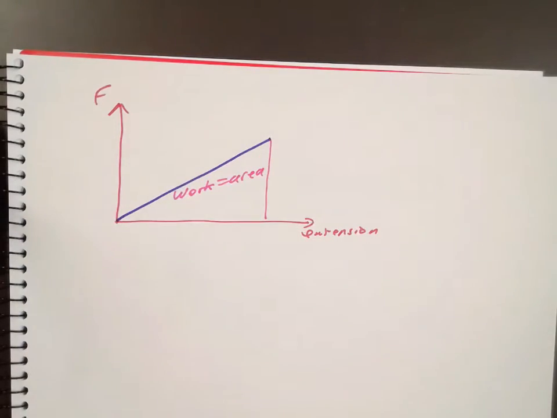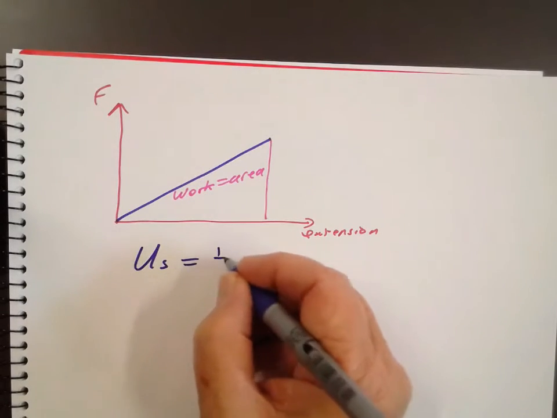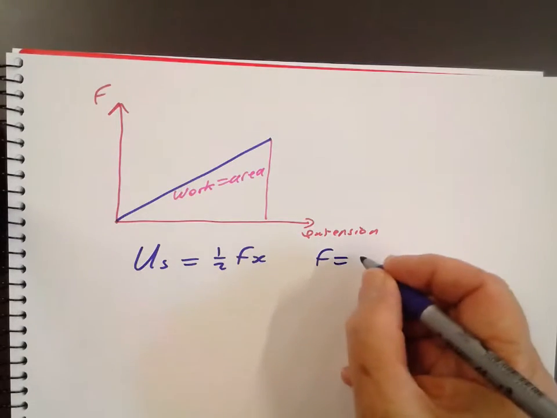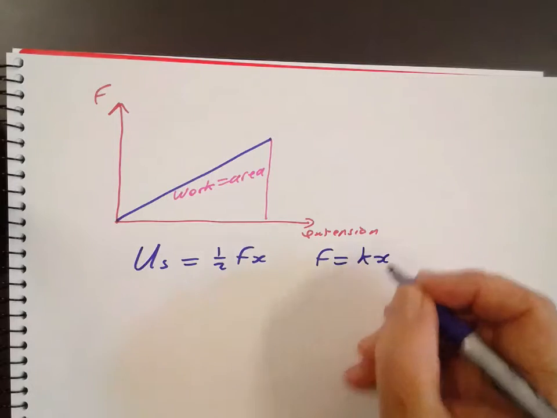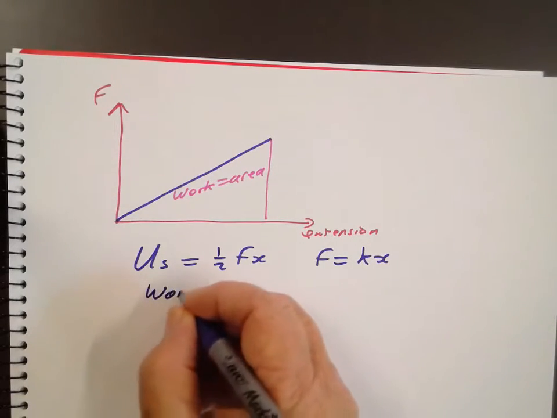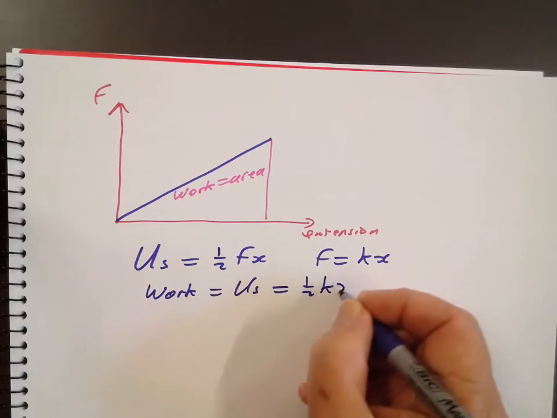In this case it's work equals force by distance. The work equals force by distance is also the energy stored in the spring, which is the same thing. So U spring equals a half Fx because it's a triangle, and F equals kx. We can ignore the negative, and we'll talk about the negative in a minute. So that work equals U spring equals a half kx squared.